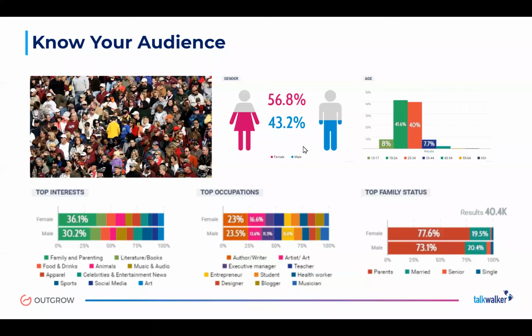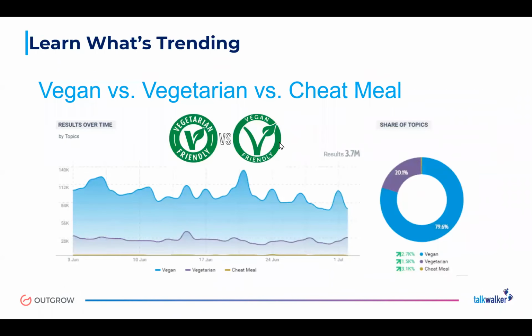What you see here is some information that you can obtain from a social media listening platform such as Talkwalker. You can learn gender, age, demographic, some occupations, top interests based on your queries and what you're working on.